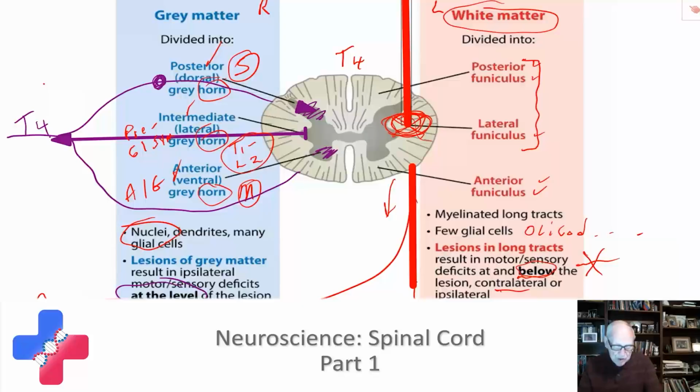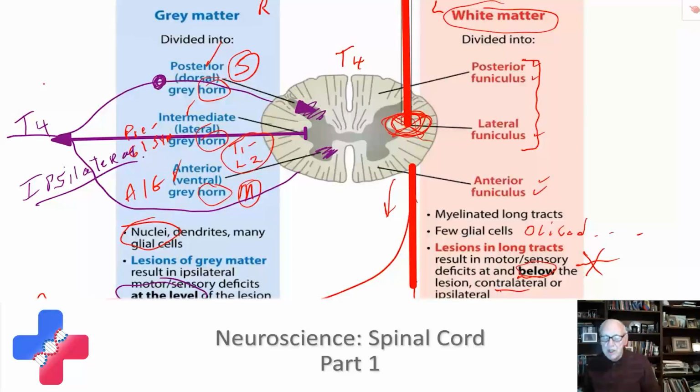So again, notice gray matter is going to affect the spinal nerve functions at that level. And notice this one is always ipsilateral. So a gray matter lesion won't be contralateral. It's always going to be ipsilateral, affecting the spinal nerve system on that side at that level.